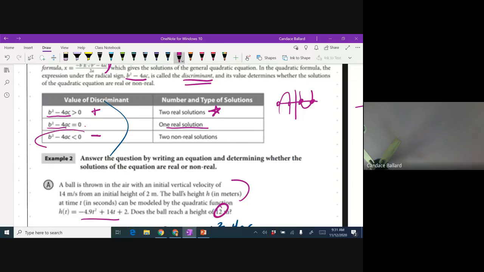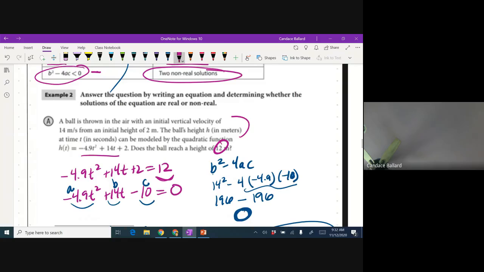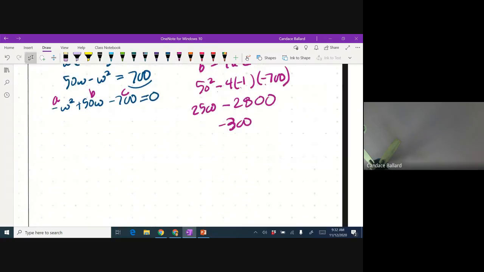When I am less than 0 or I have a negative, it tells me I have two non-real solutions, meaning if I were to solve this with the quadratic formula or with factoring, I would get i's. Okay, so this is two non-real solutions. You could call them imaginary solutions, that's fine. Your book is using the terminology non-real. So if I don't have real solutions, I cannot have a garden area of 700 feet.